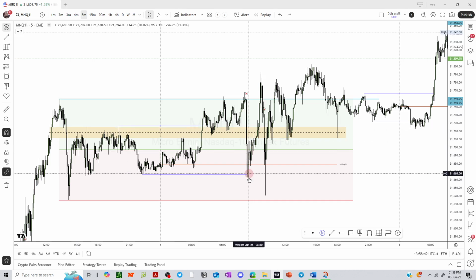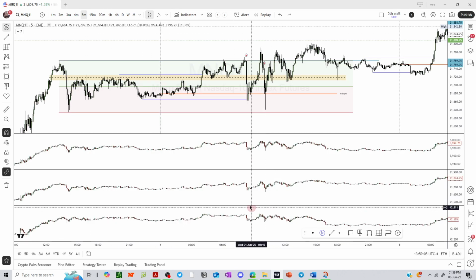Then you got this drop down, took out the Asia low, ran back up, took out the relative highs here, dropped back down, took out the low, and fell short here. That's the ES: YM raided, NQ raided, the ES refused. So this is your divergence. This is why price returned back higher.